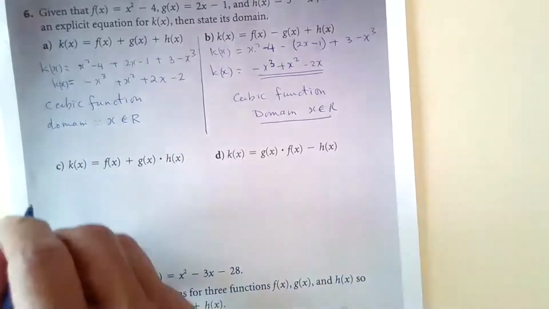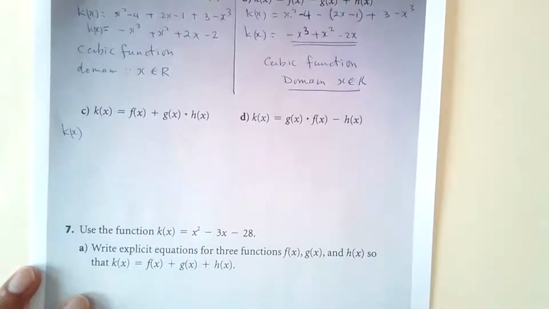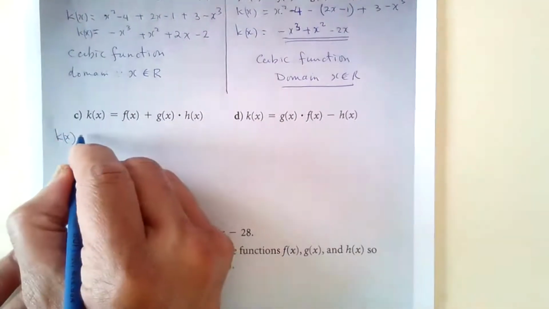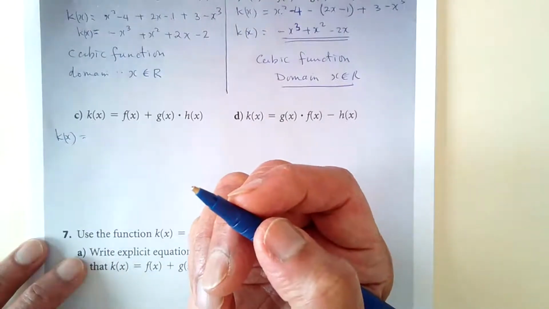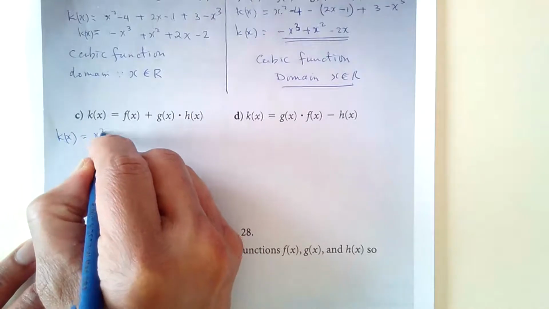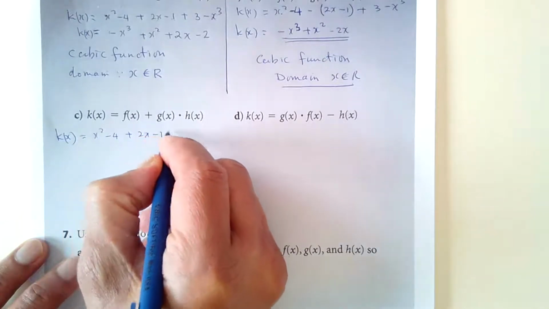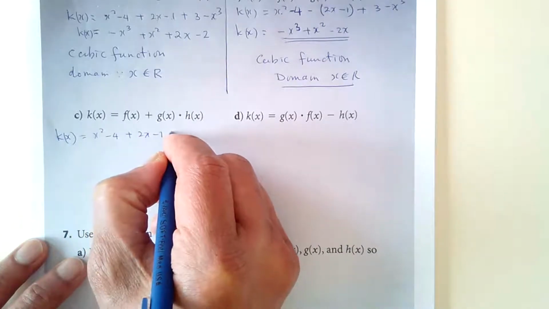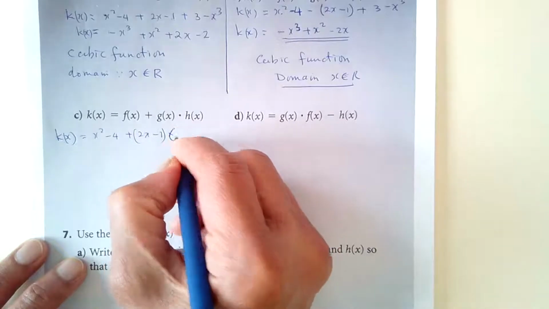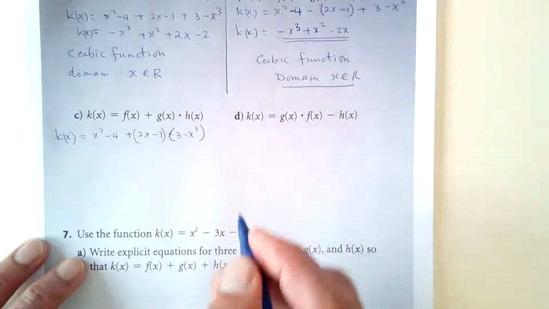So the next one we have k of x is equal to, we'll substitute our value. We have (x squared minus 4) plus (2x minus 1), I'll put in brackets because we multiply here, multiplied by (3 minus x cubed).